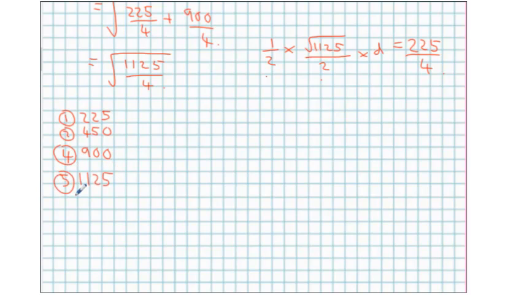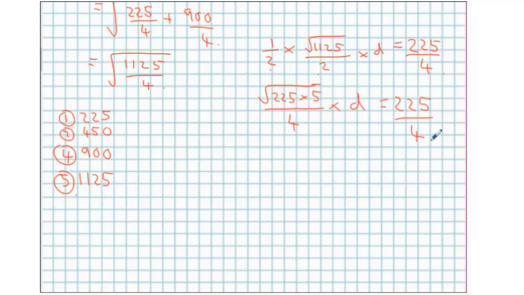So that would be 5 lots of 225. So that means our equation becomes, if we've got 2 times 2 is 4. We've just said root 1125 is going to be the square root of 225 times 5. So you've got root 225 times 5 over 4 times d equals 225 over 4.